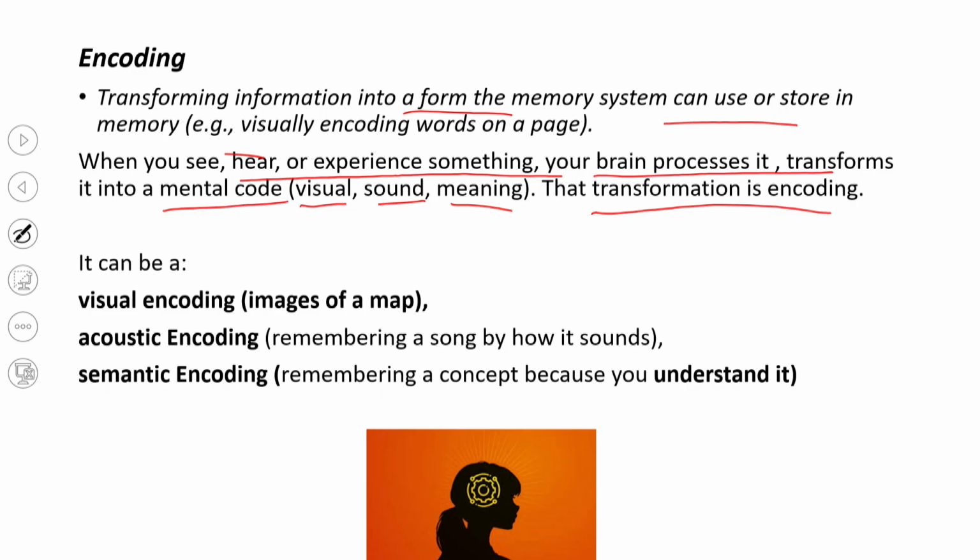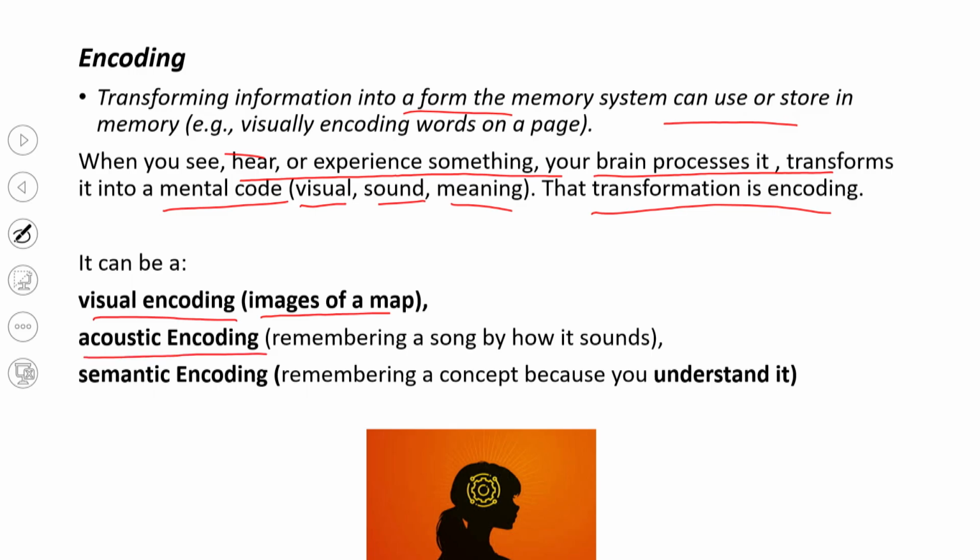Typically, we encode whatever we see through visual encoding. Whenever we see something, the brain transforms that information into a visual code. For example, you see a map, you create an image of it, and that image is stored in the brain. That is the process of visual encoding.